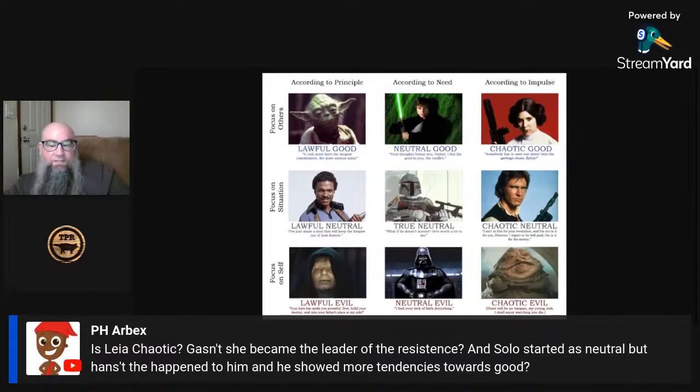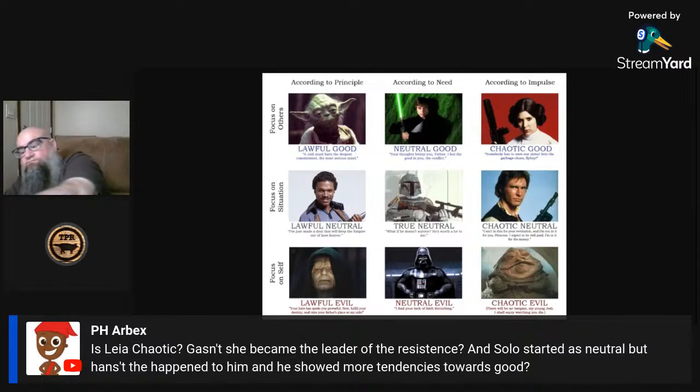So then PH says, is Leia chaotic? Hasn't she become the leader of the resistance? And Solo started as neutral, but hasn't that happened to him? And he showed more tendencies toward good. So I think that the answer is yes, but you can shift in and out of these, right? And again, it's not proscriptive. You are not locked into the box.